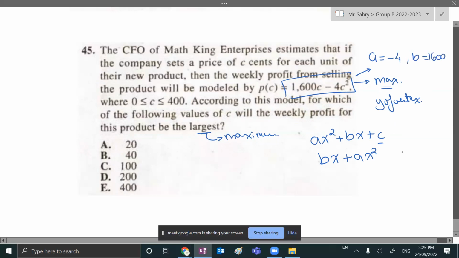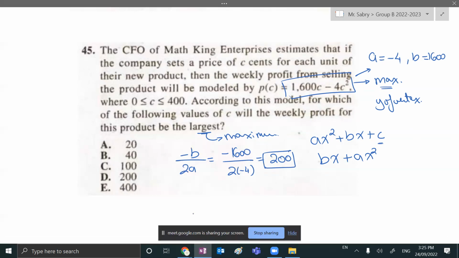If you need to get the vertex, you should do -b over 2a, which will be here -1600 over 2 times -4. Once you do that on a calculator, it will come out as 200. This is the x coordinate of the vertex. Now, I do not want the actual profit, the highest profit that they will get.